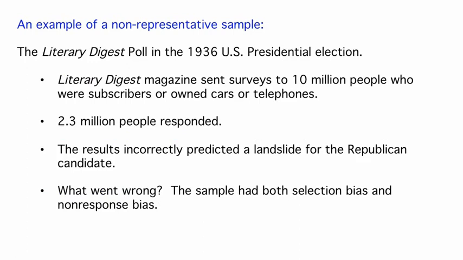However, his Democratic opponent won. So what went wrong? The people surveyed either subscribed to the magazine or owned a car or a telephone. In 1936, this was only wealthy people. This is an example of selection bias. Moreover, this survey was voluntary response, which typically overrepresents angry people or people who want to change, so non-response bias also comes into play in this example.